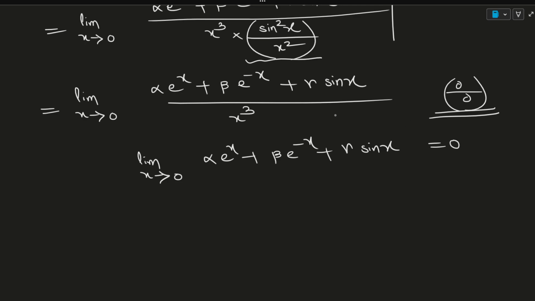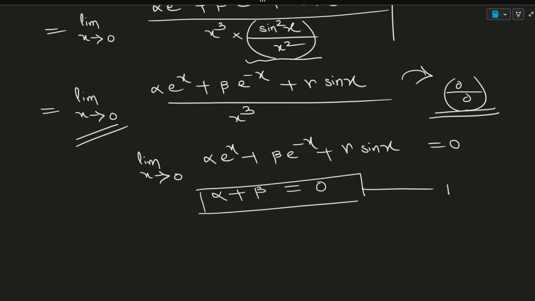Then when x tends to 0, it will be alpha plus beta is equal to 0. So from here we got one relation between alpha and beta, that is alpha plus beta is equal to 0. I name this equation 1.